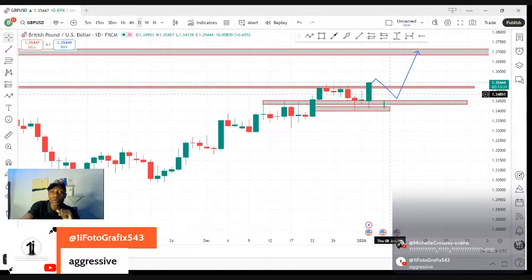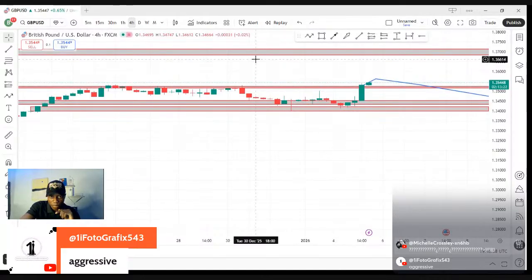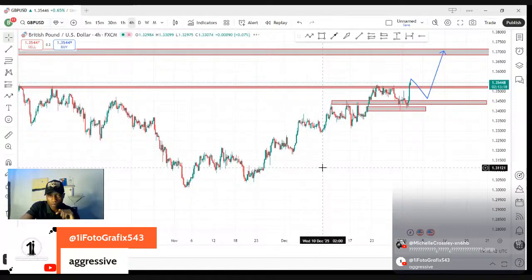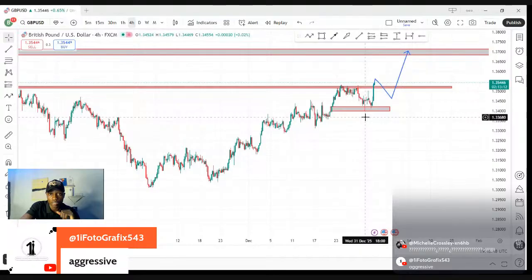Tomorrow I'll be waiting for the market to come to a major support level on the 4 hour time frame. On the 4 hour time frame, we have an inner support level here. Let me delete this particular one. This is not relevant anymore, and this is not relevant anymore.